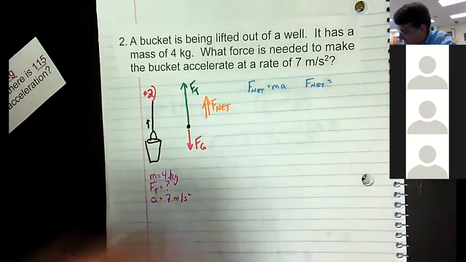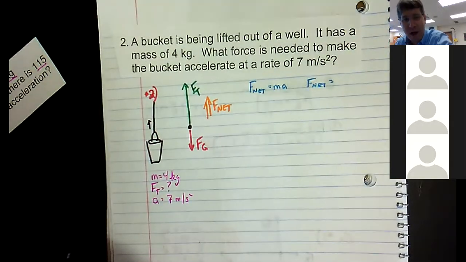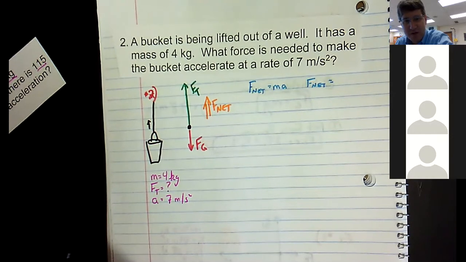This time, F net is going to be equal to what minus what, do you think? Remember, anything that's going with the net force is positive. Anything that's going against the net force is negative. Everyone got an idea about what this one's going to be?